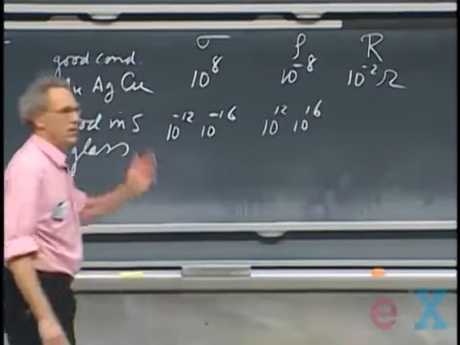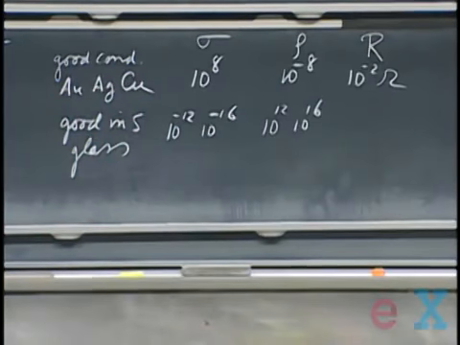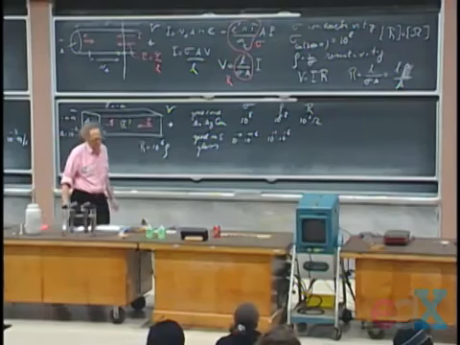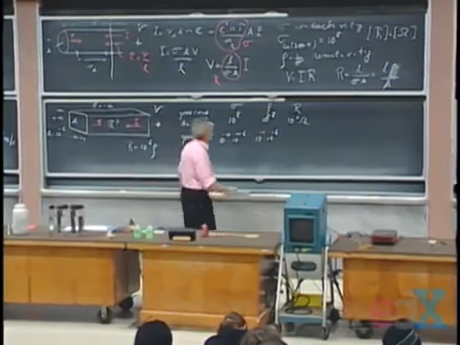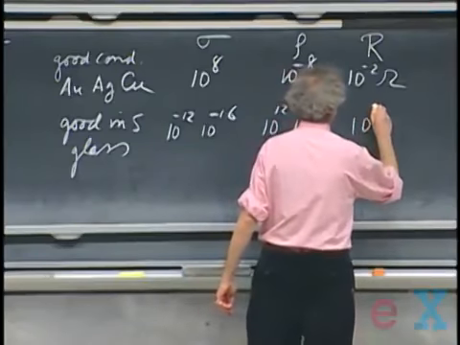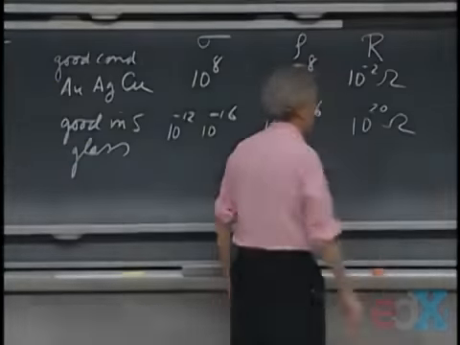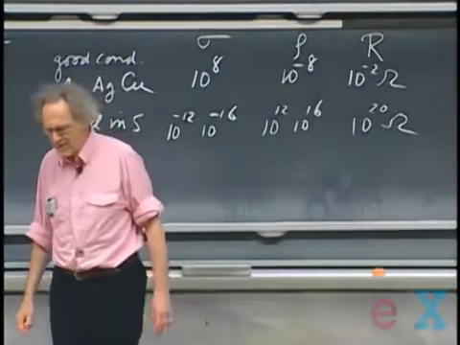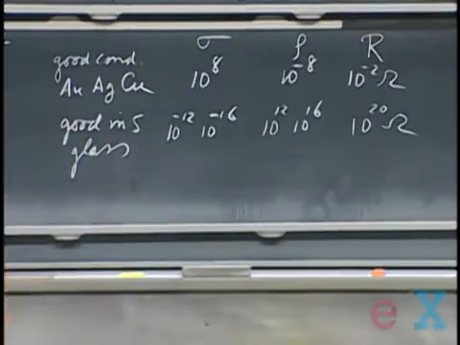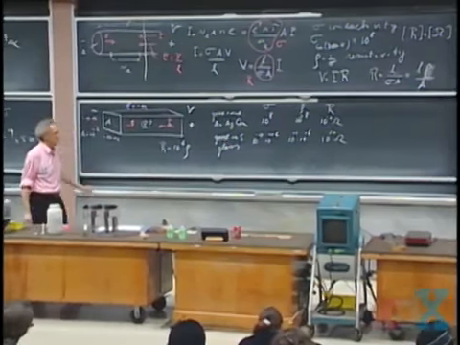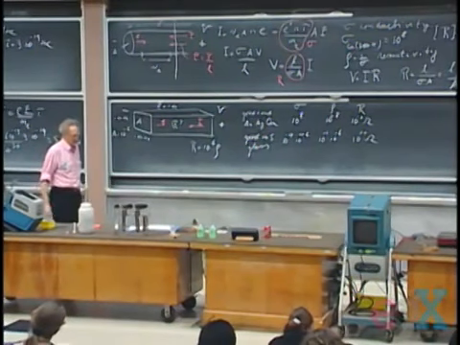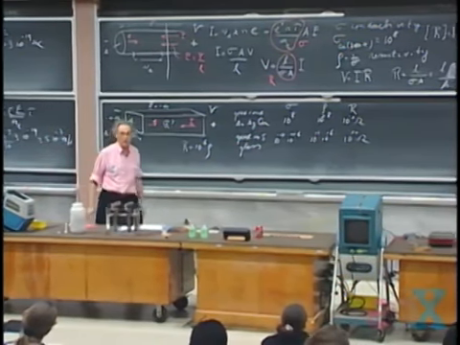And if I take 10 to the 14, I just have to grab a number, then you'll find that R now is 10 to the 20 ohms. A 1 with 20 zeros. That's an enormous resistance. So you see the difference, 22 orders of magnitude between a good conductor and a good insulator.